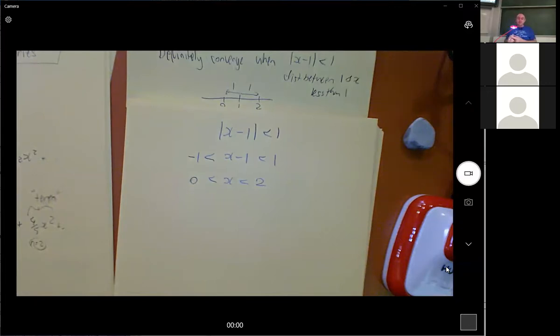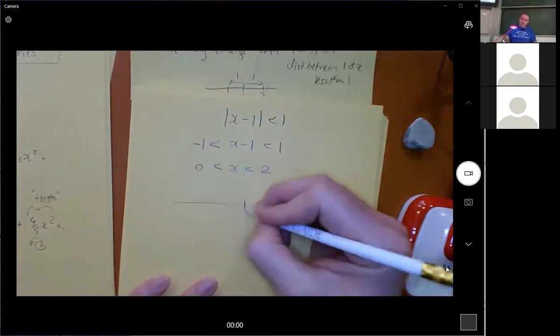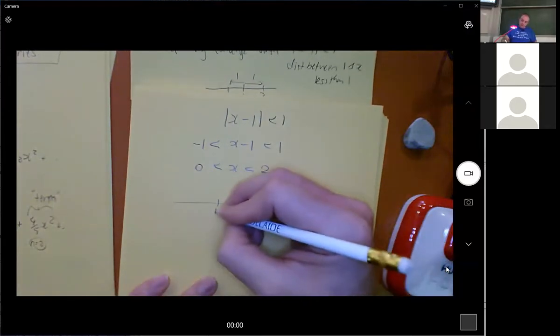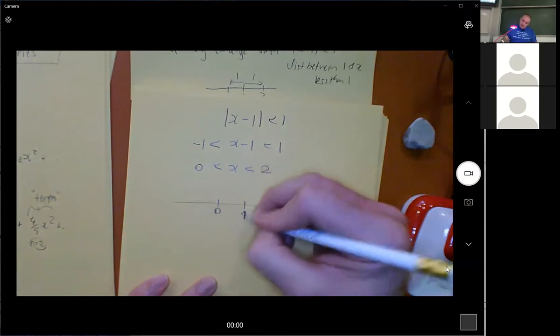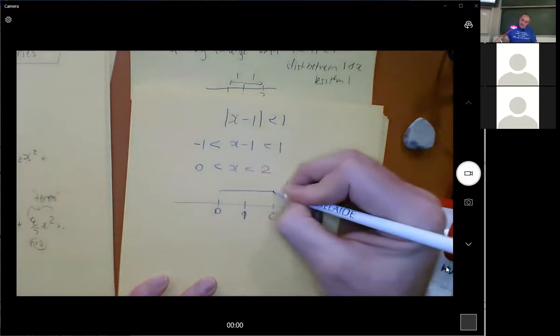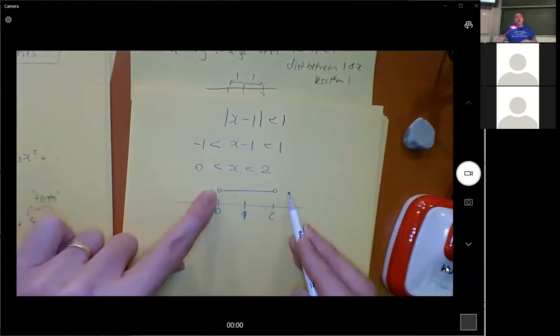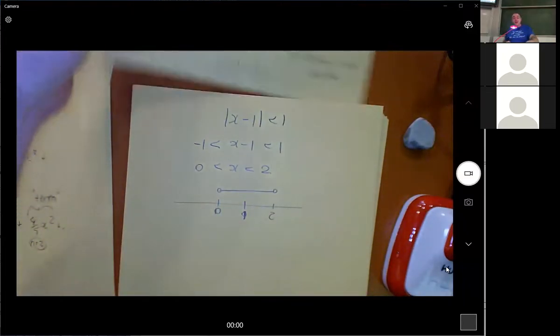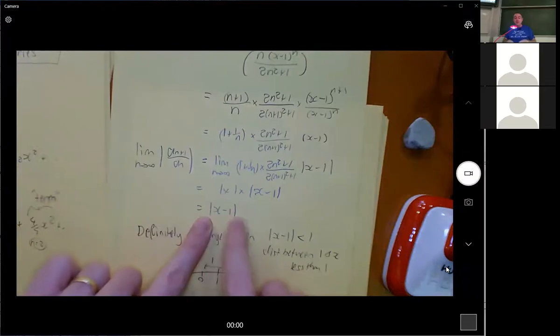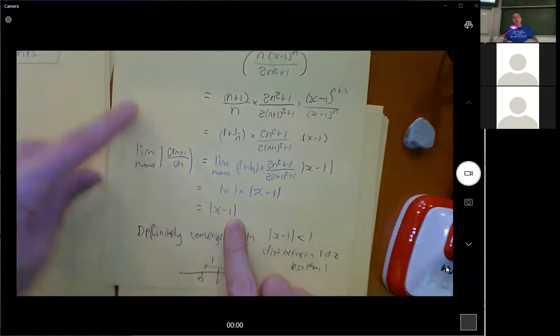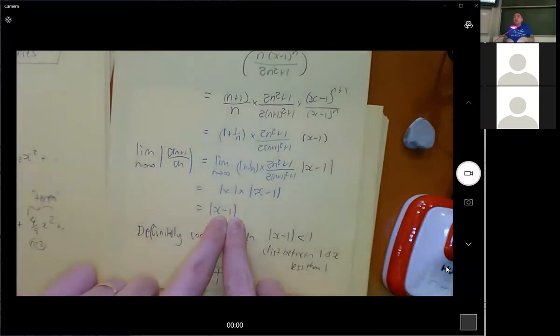Okay. So just to picture it here, here's 0, here's 1, here's 2. This is the interval we're thinking of. What we don't know at the moment is whether we have to fill in the 2 ends, because if x is exactly equal to 0, then this answer is exactly equal to 1, and the ratio test comes out to 1, which doesn't tell us anything.